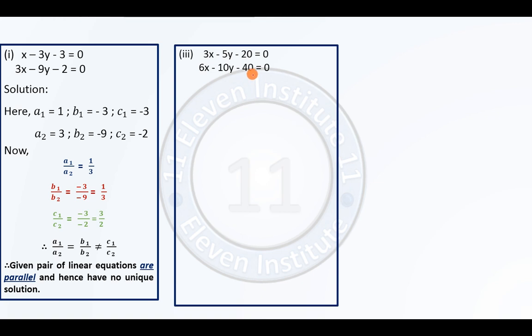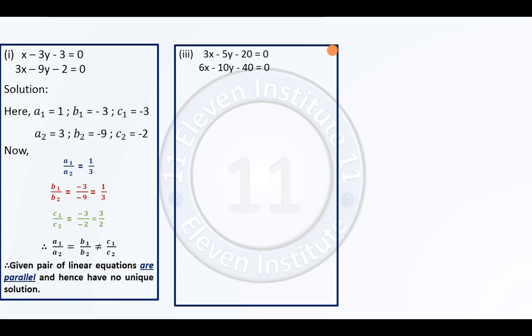What does it suggest? It suggests that a1 upon a2 is equal to b1 upon b2 is equal to c1 upon c2, which is the condition for coincident lines. And coincident lines, as we know, have infinite solutions. They do not have any unique or specific solution.